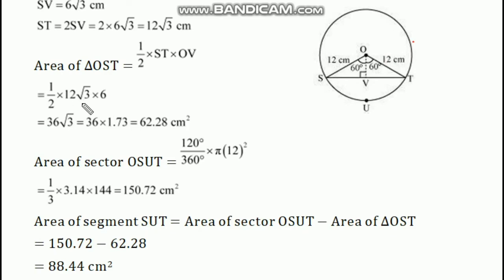So base is 12 square root of 3 into height 6, halved. Then we simplify and get the answer 62.28 centimeter square. We found the area of the triangle.